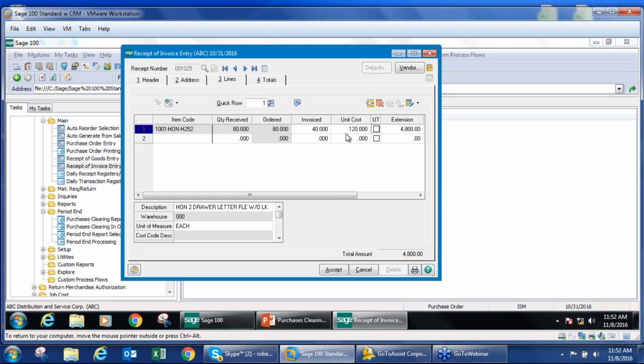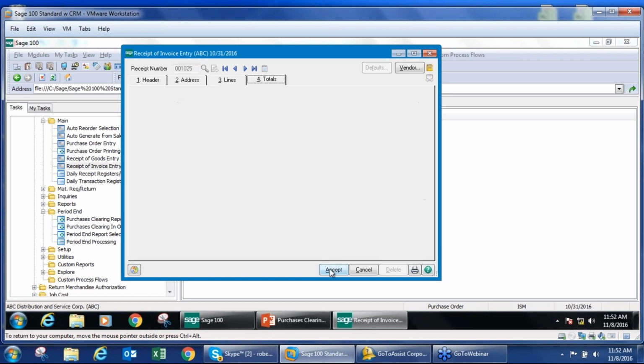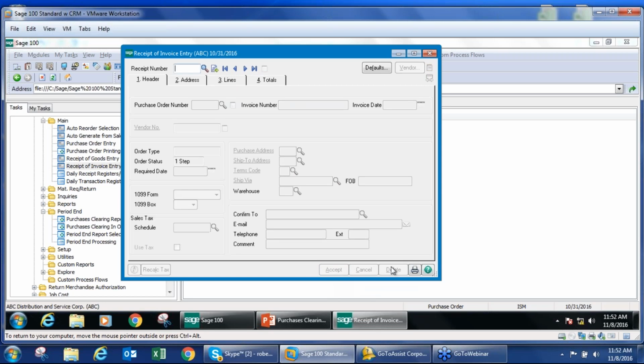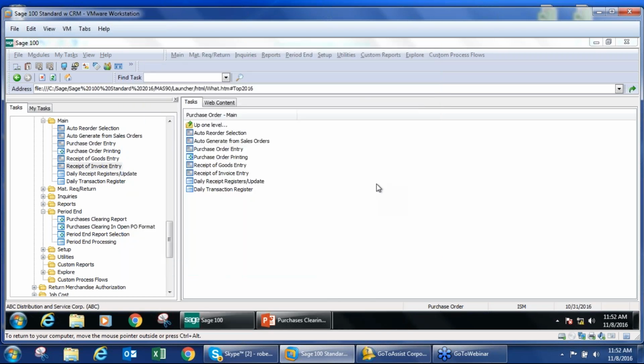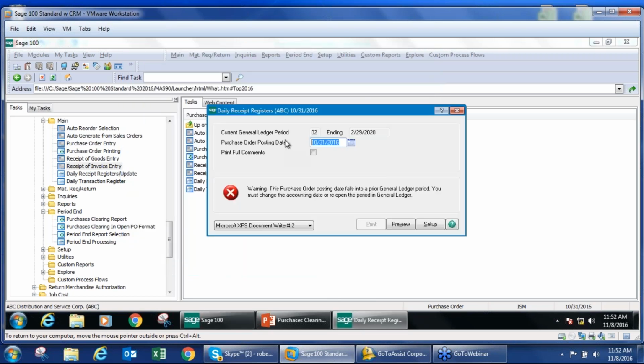So now we have a situation where our inventory went in at $4,000, but we're getting invoiced for $4,800. Okay? So keep that in mind. We're going to go ahead and run this through.